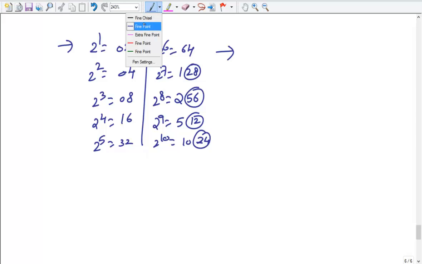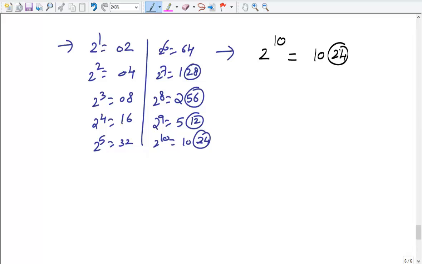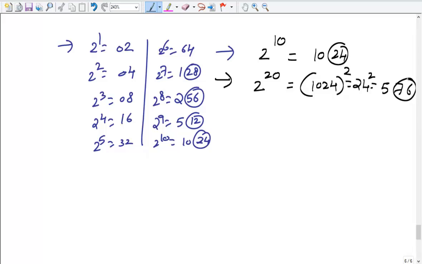What we can do is, we know it's very easy to remember up to 2 power 10, that is 1024, which ends in 24. Now let's see 2 power 20. That's going to be 1024 whole square, that's 24 whole square, which is 576, so it ends in 76. Now let's focus on 2 power 30.